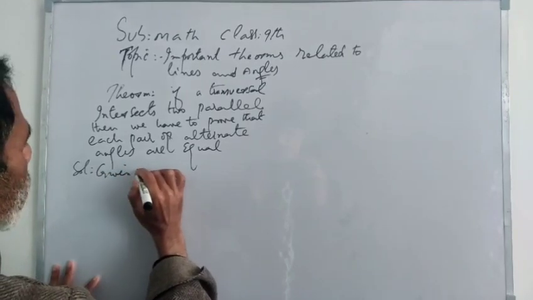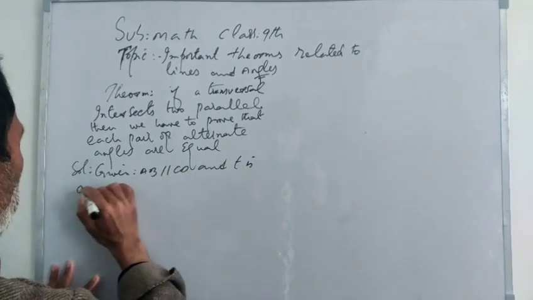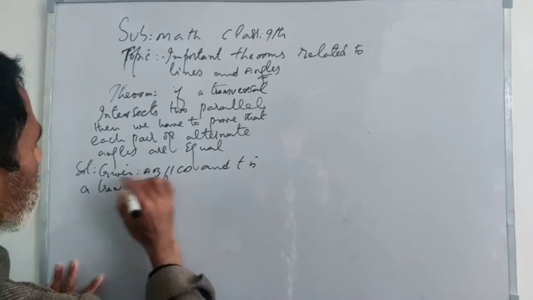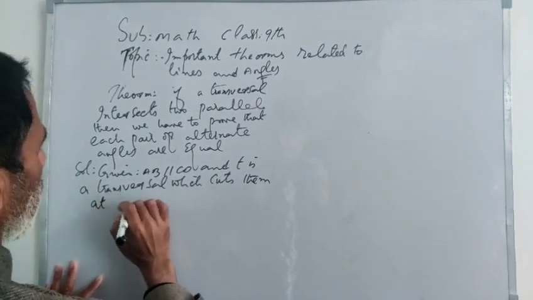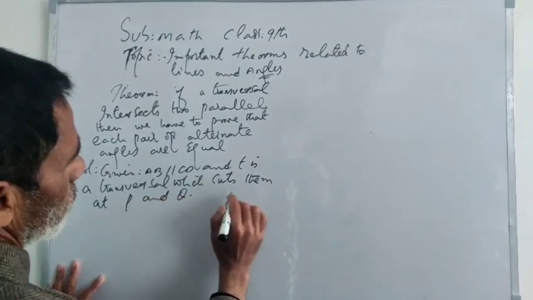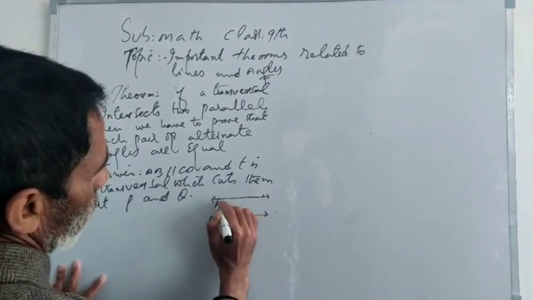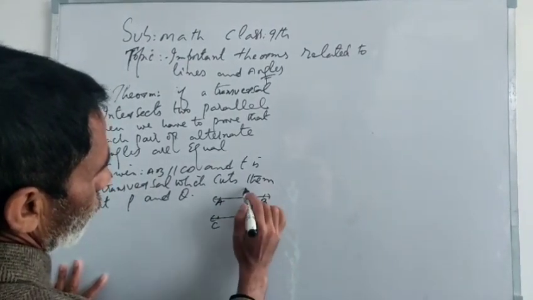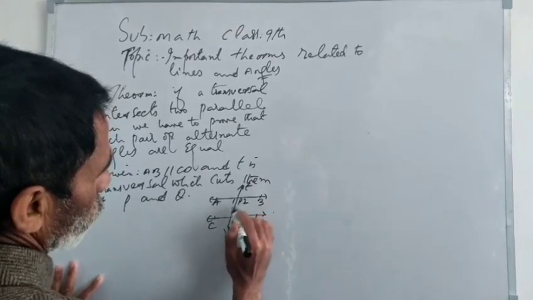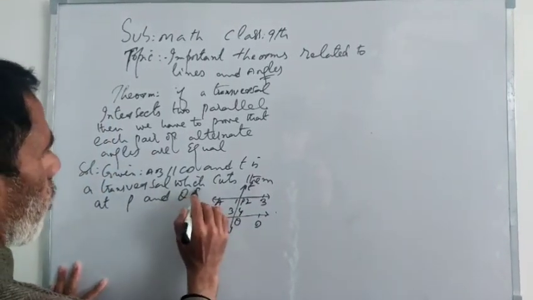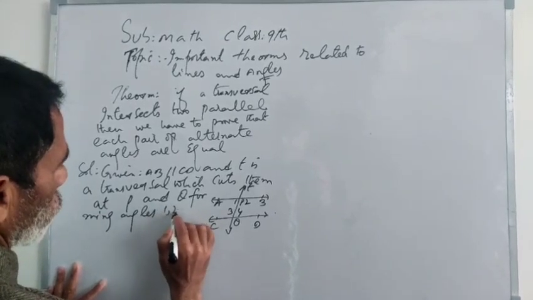Given is AB parallel CD and T is a transversal which cuts them at P and Q. This is AB line, this is CD line, this is transversal T which cuts them at P and Q, forming angles 1, 2, 3 and 4.